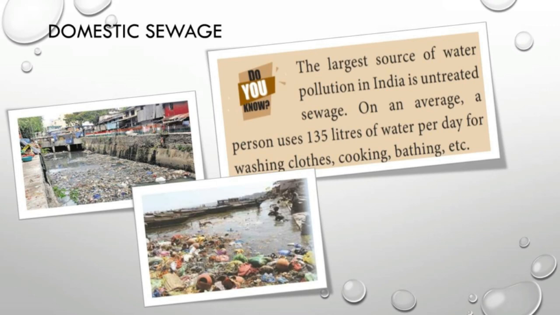Do you know? The largest source of water pollution in India is untreated sewage. On average, a person uses 135 liters of water per day for washing clothes, cooking, bathing, etc.